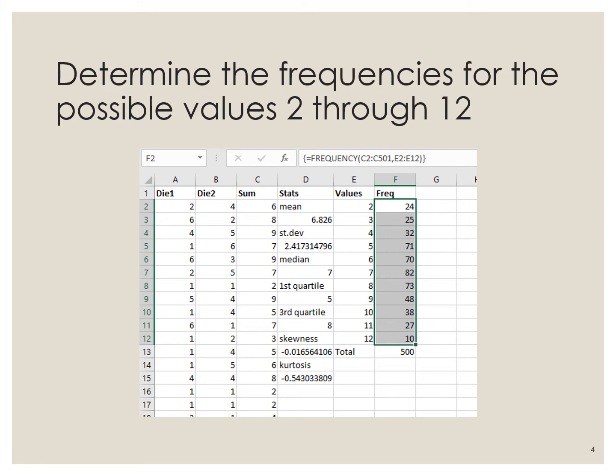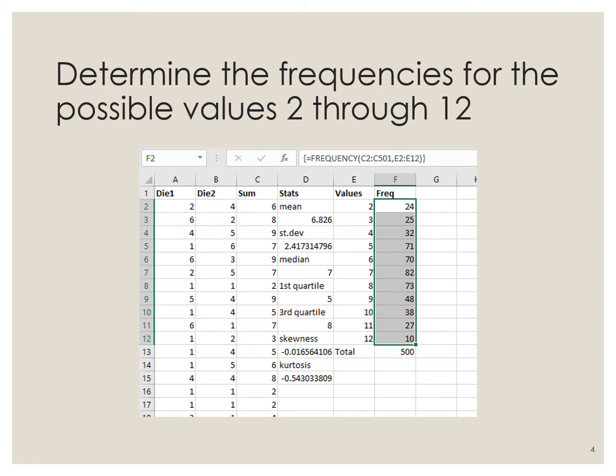And then we found the frequency formula. So again, this is an array formula, so we highlighted all the spots of possible frequencies. We entered the formula equal frequency. The data was in column C, C2 colon C501. The possible values, or the bins if you will, were in E2 colon E12.